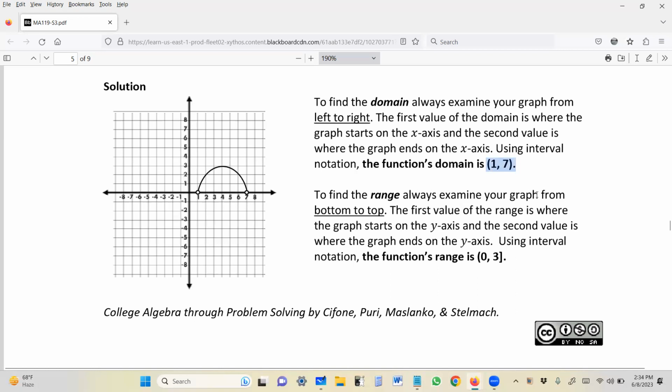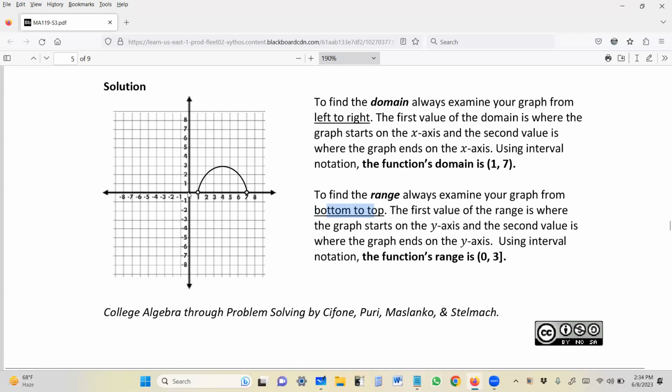The range is exactly the same thing, except that we're going to go from bottom to top, or top to bottom, doesn't matter. Just keep in mind that the answer has to be written from the smallest y to the largest y. So that's why we're saying bottom to top. So we're going to look at this graph right here that I have on the left.